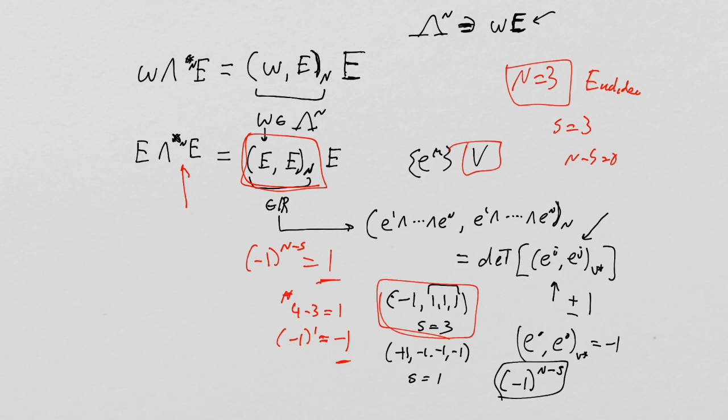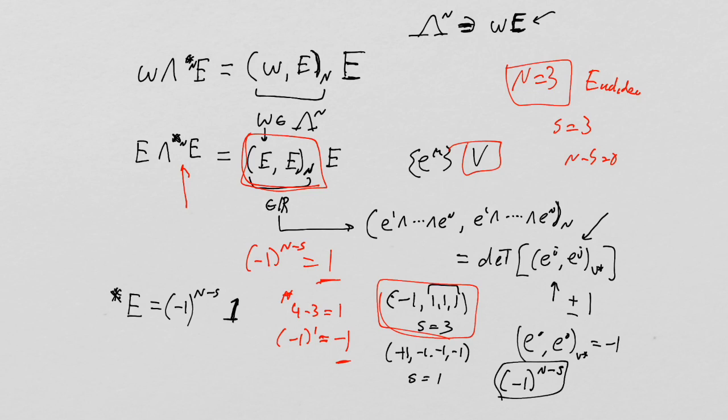And so the last step here is to simply write down that the Hodge dual of E, dropping the n this time, is minus 1 to the n minus s of 1, right?